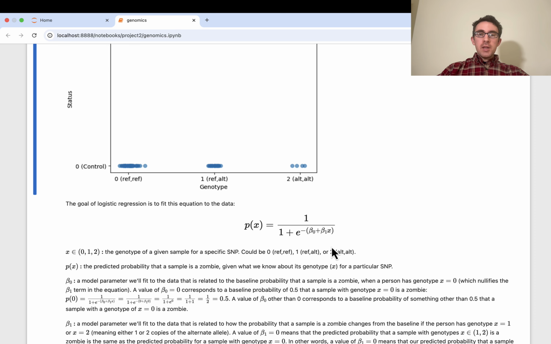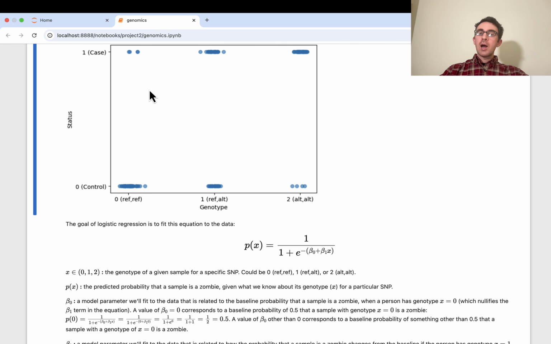Okay, so the way to reason intuitively about the interpretation of beta 0 is, first of all, to notice that beta 0 is not multiplying X. It's not multiplying our genotype. So beta 0 is a parameter that tells us something about the probability of being a case, or being a zombie, and it's independent of the genotype variable.